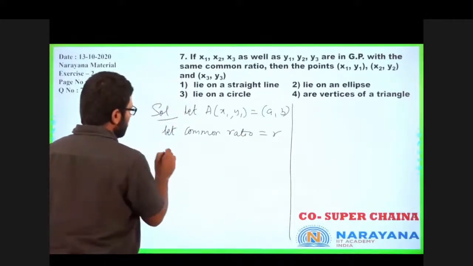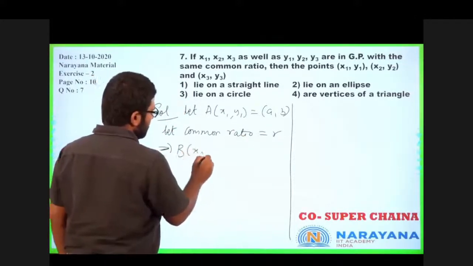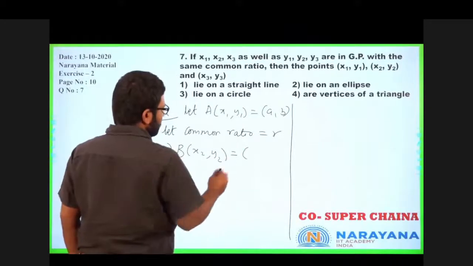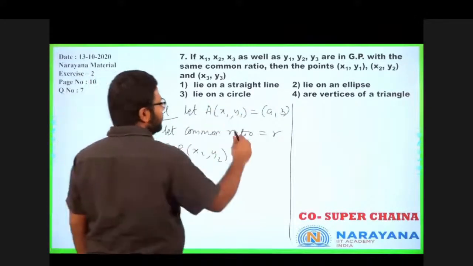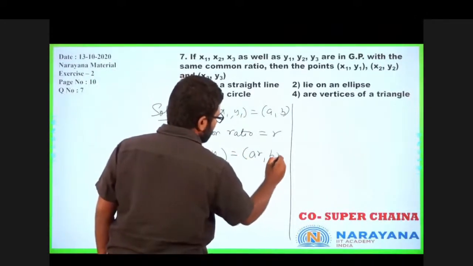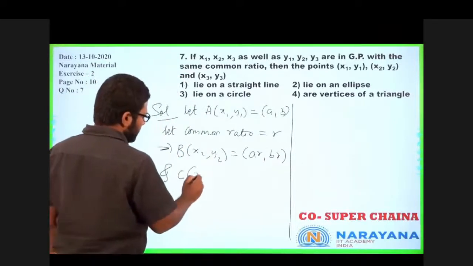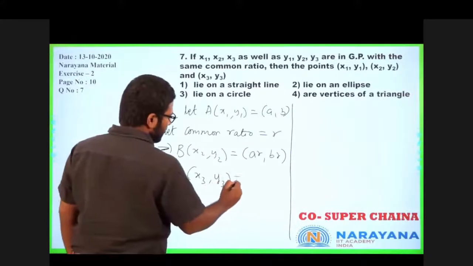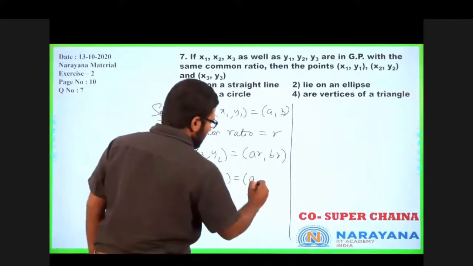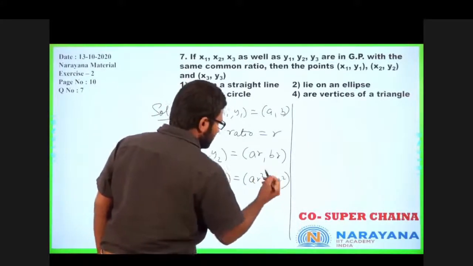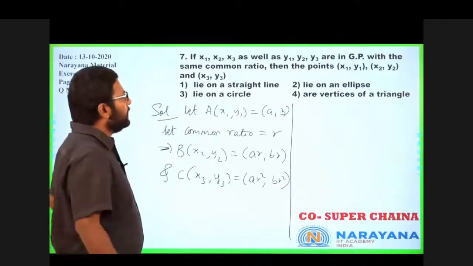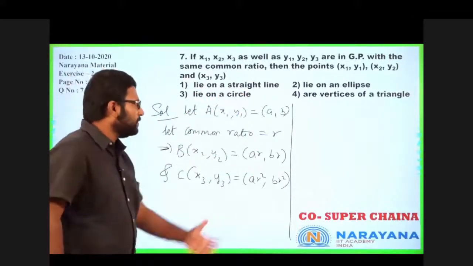be R, which means B x2 comma y2 would be what? Common ratio is R, no? So AR comma BR, just multiply by R, and C x3 comma y3 is AR square comma BR square, right? Now we need to figure out what is special about these points.